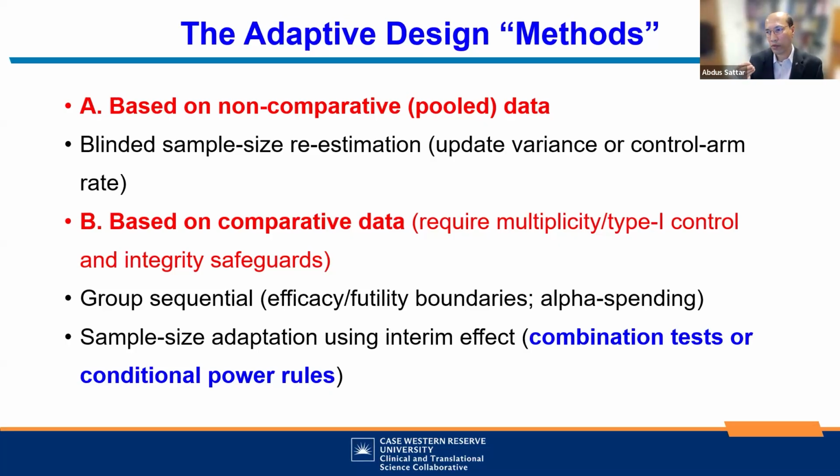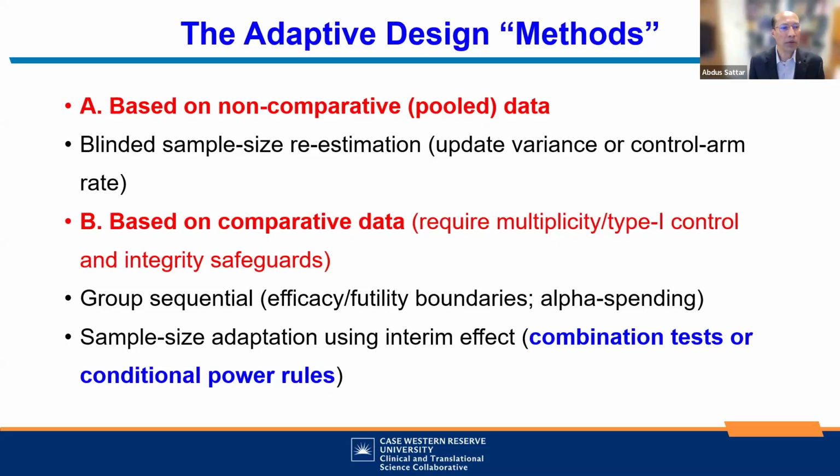If we are thinking about a continuous outcome variable, we always use the standard deviation for estimating the various parameters, so the variance estimate needs to be calculated. If we calculate the variance estimates from the pooled data, irrespective of treatment arms, that would be a non-comparative one, and it would be a blinded sample size re-estimation.